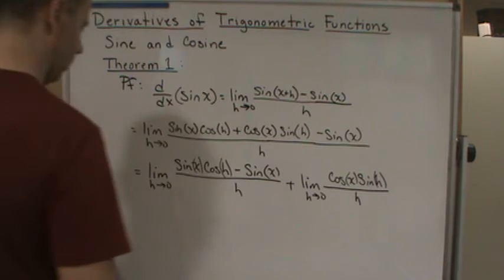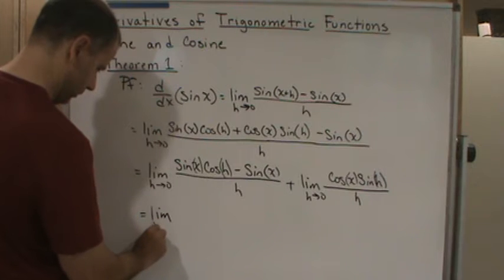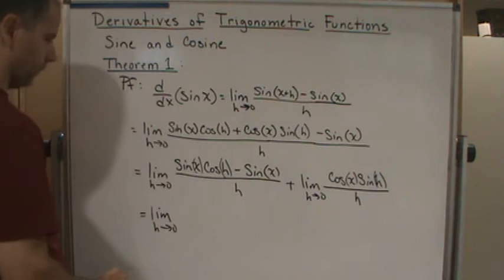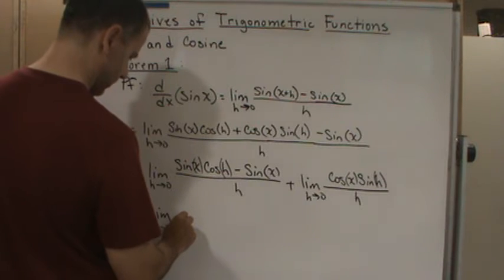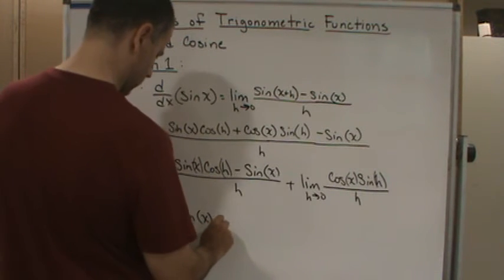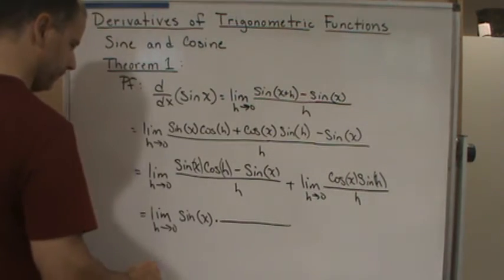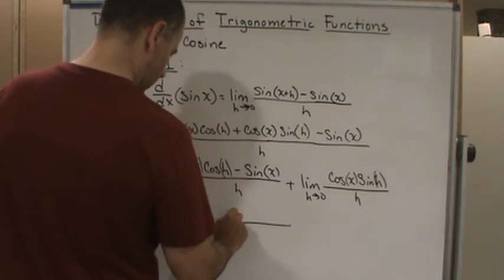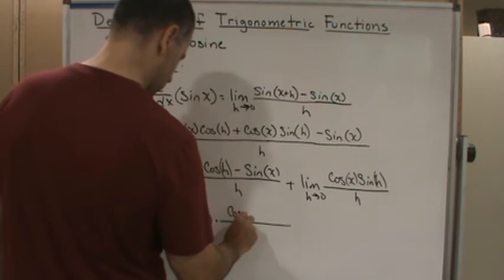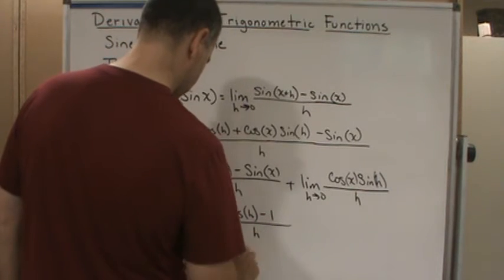Okay, so here we're going to factor out the sine x. And we're going to get cosine h minus 1 over h.